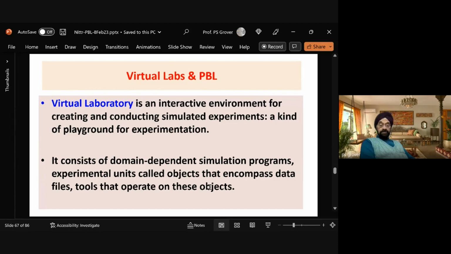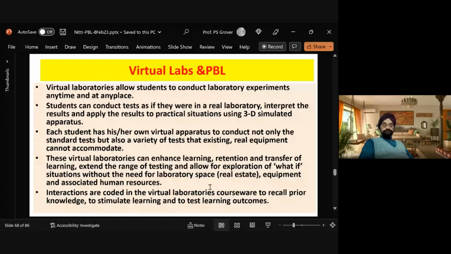It consists of domain-dependent simulation programs and experimental units, called objects, and encompasses data files and tools. That means mechanical engineering, civil engineering, environmental engineering or computer engineering will have similar programs which you can depend on by using project-based learning as a system.